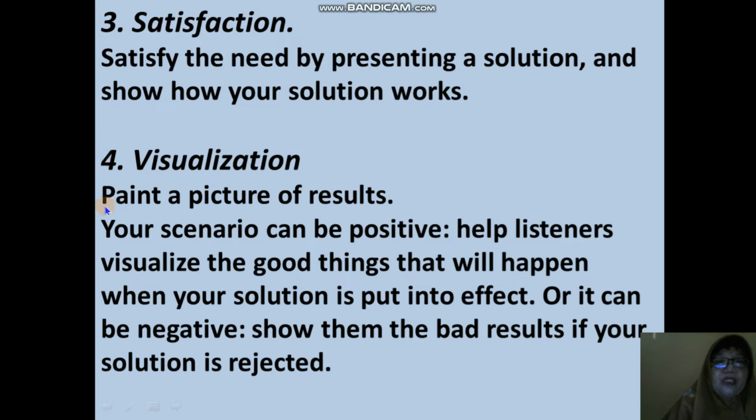Here, you try to paint a picture of results. Your scenario can be positive when you help listeners visualize the good things that will happen when your solution is put into effect. Or it can be negative when you show them the bad results if your solution is rejected.